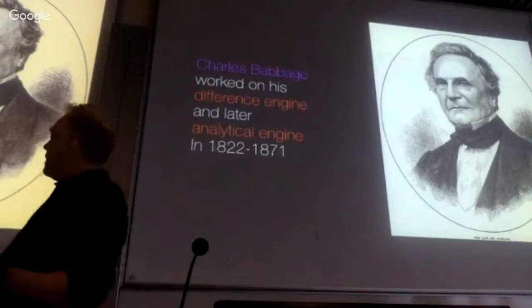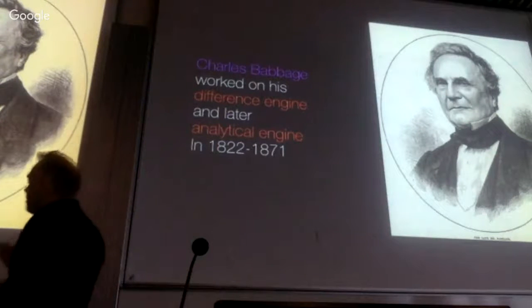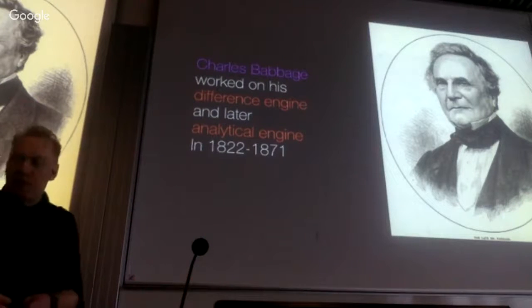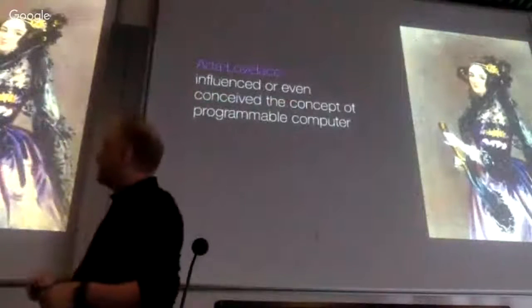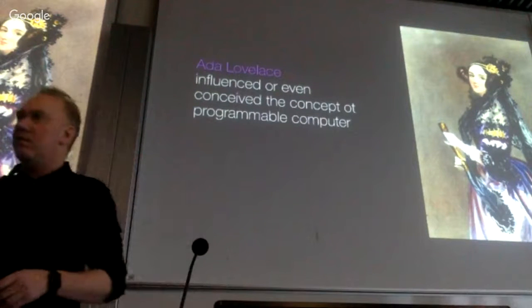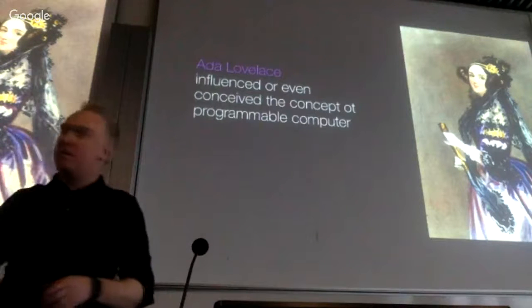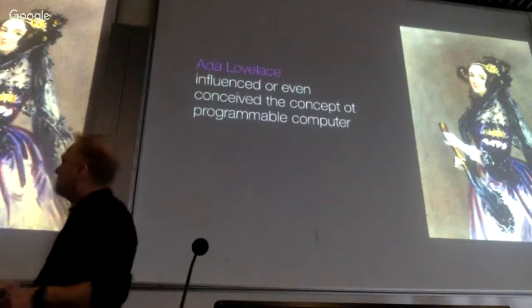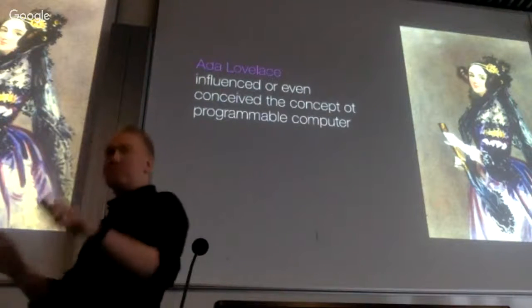So Charles Babbage, he worked on his difference engine and then later the analytic engine from 1822 to 1871. And even Ada Lovelace, 10th of December is Ada Lovelace Day. And last December, 200 years old. Just want to point that out.